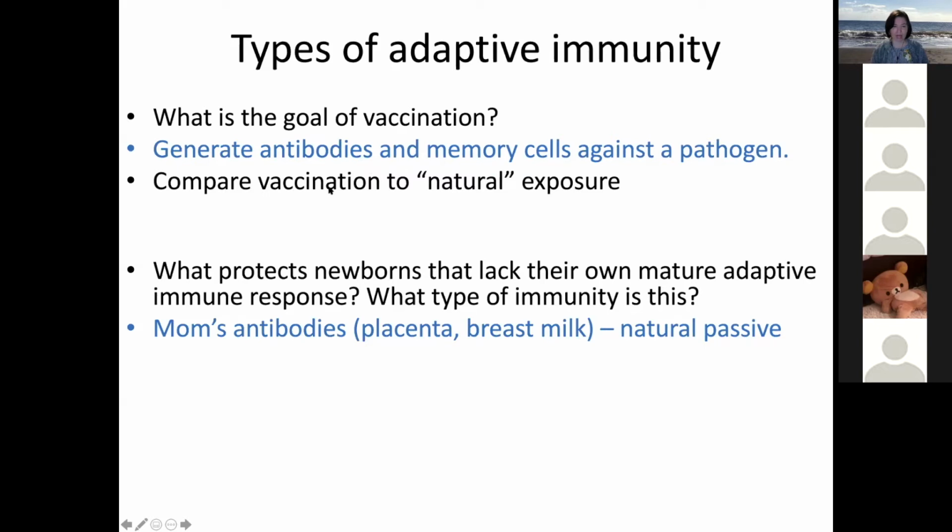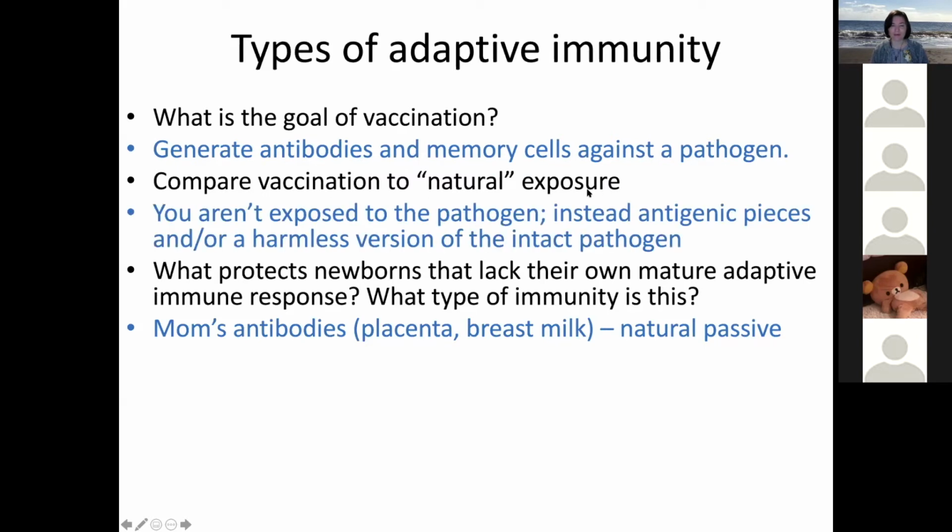If we compare vaccination to natural exposure, the difference, of course, is that vaccines don't expose you to the actual pathogen, whereas a natural exposure would. Both of these are considered active immunity because they both create antibodies and memory cells. But in a natural exposure, you're exposed to the legit, intact, functional pathogen. And in vaccination, you're exposed to something that is either a piece of that pathogen or is a harmless version of that pathogen.